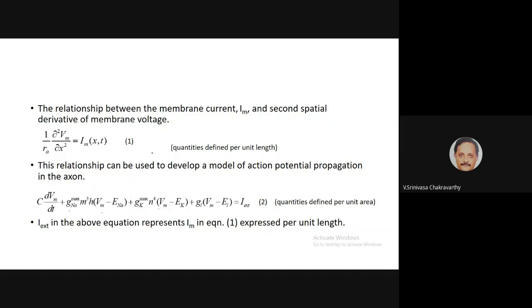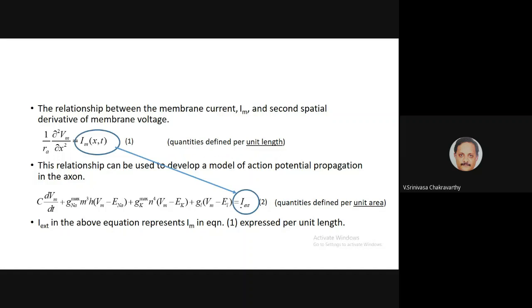Whereas in the Hodgkin-Huxley model, all the currents are defined in terms of per unit area, because we made the isopotential assumption. So how can you convert? You need to convert the unit length currents into unit area currents, and then insert the spatial derivative term into the Hodgkin-Huxley equation. Let us see that.